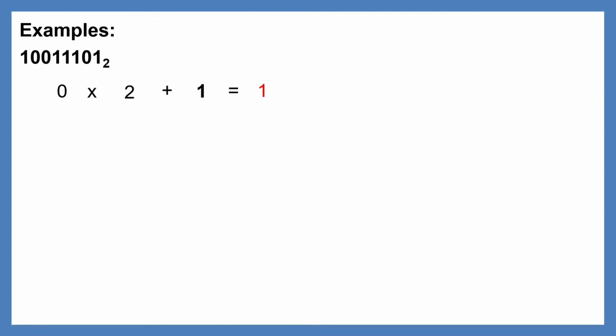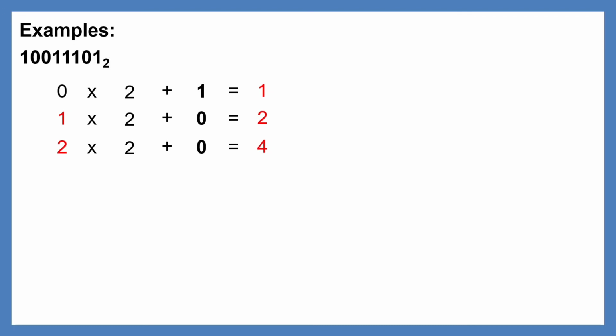and then we have 1. Next, we have the previous total, which is 1, times 2 plus 0, which is the next bit on the left side, and that is equal to 2. And then the next is 2, the previous total, times 2 plus 0 again, the third bit from the left, is equal to 4.